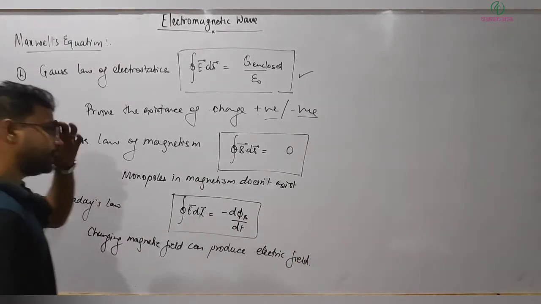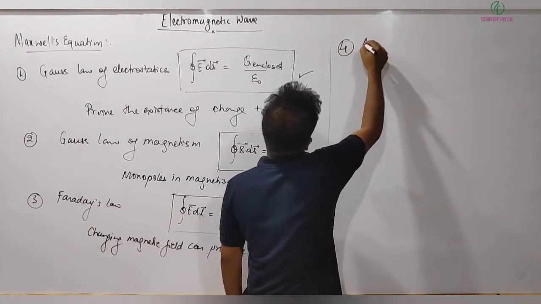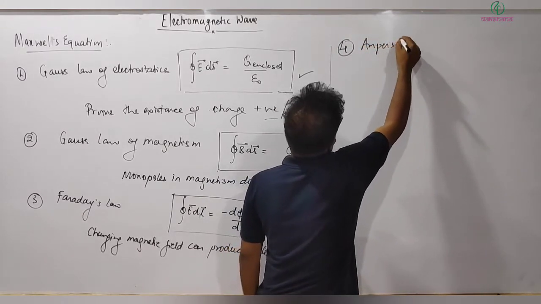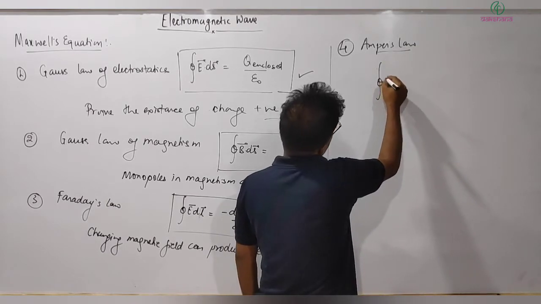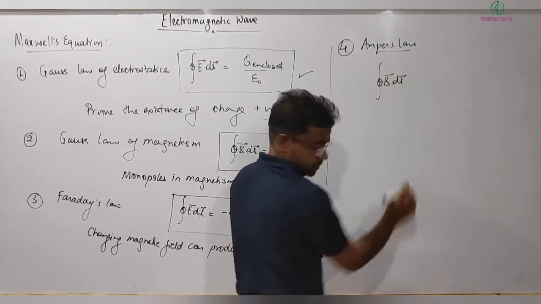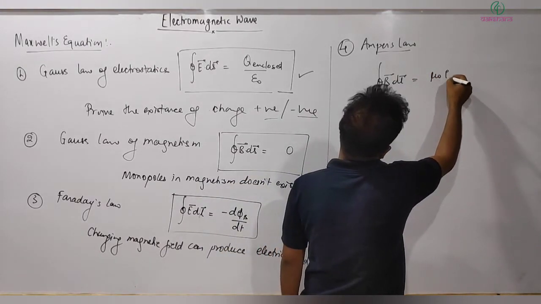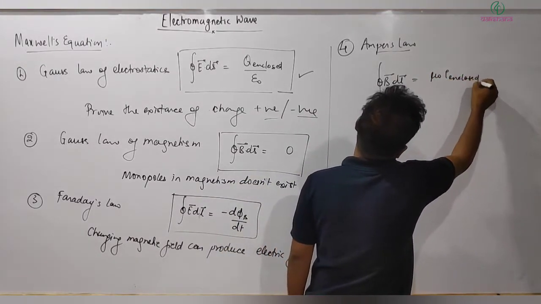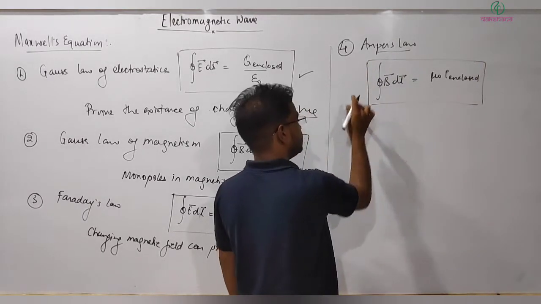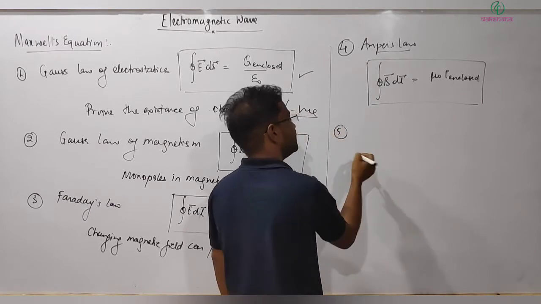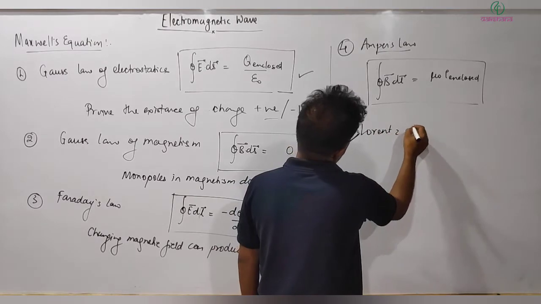right? And the fourth one is Ampere's law. Ampere's law is the integral B dot dl over a closed loop is equal to mu naught times I enclosed. I will come back to this point. And the fifth one is the Lorentz force.